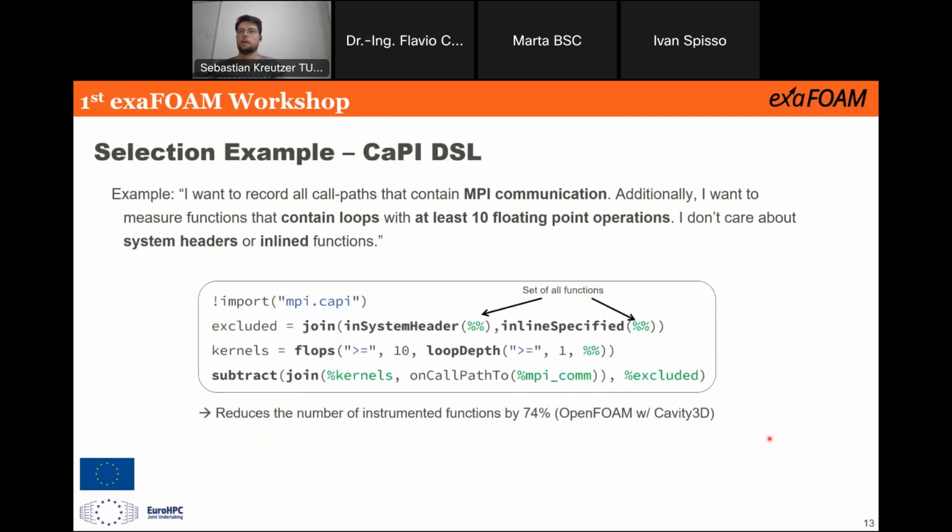In CaPI, we have a domain-specific language which can be used to express this kind of selection pipeline in a quite concise way. In the interest of time, I won't get into it here, but you can import different modules for MPI, for example, and then combine these selectors in order to build your pipeline.